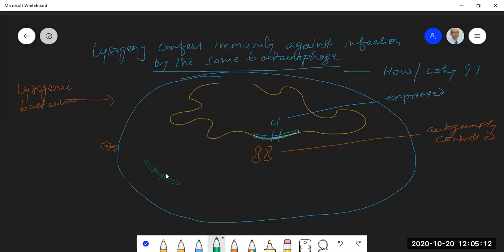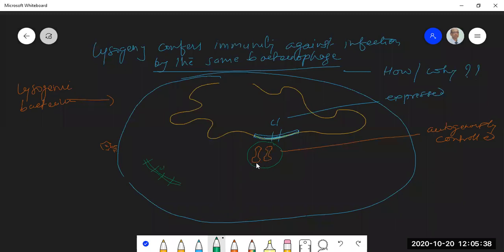So you have the second bacteriophage DNA coming over here. You have the CI gene here in the center, and you have those operators on both sides. This CI gene product, this repressor protein, is a diffusible product. The CI gene is trans-acting.